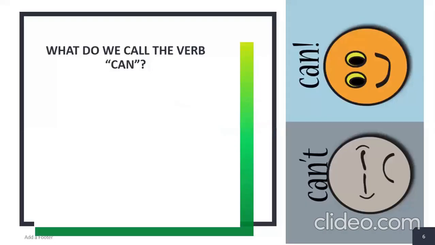So before we go on, we're speaking about the verb can, right? So what do we call the verb can? It is a modal verb.